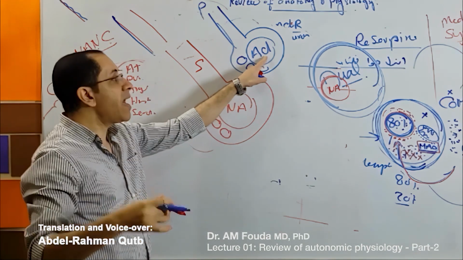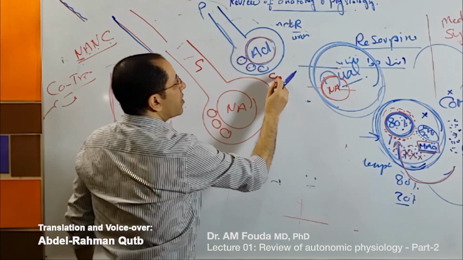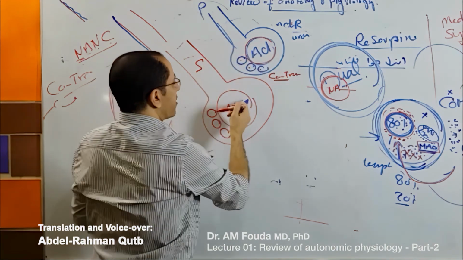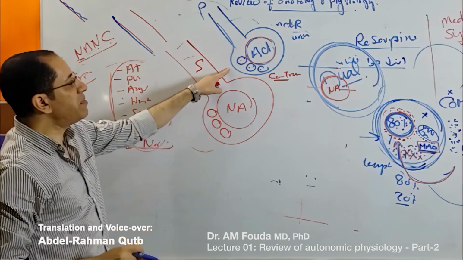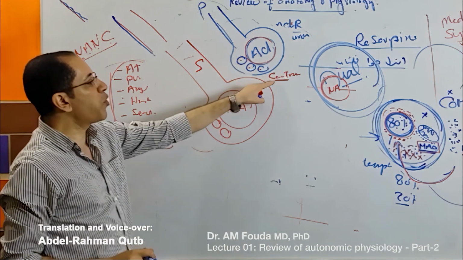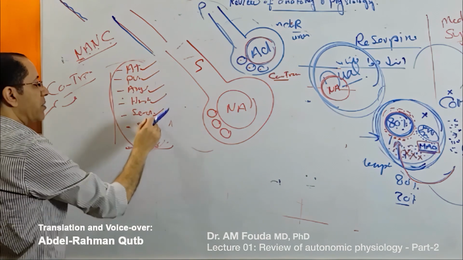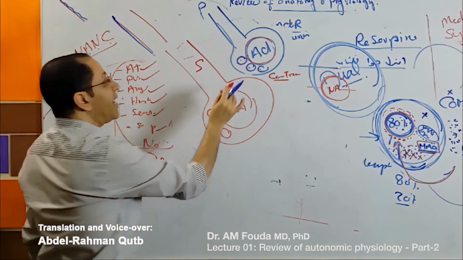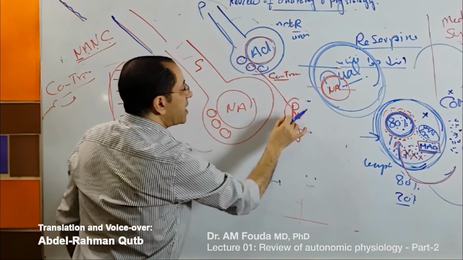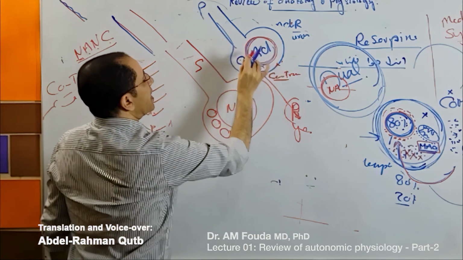Surprisingly, any nerve ending has one primary transmitter and others that are co-transmitters, helping the primary transmitter. So, in the parasympathetic system, the primary transmitter is acetylcholine, and others helping it are co-transmitters. What are these co-transmitters? Here they are: ATP, purines, angiotensins, histamine, serotonin, substance P, nitric oxide, dopamine, and many others. But do these co-transmitters have their own receptors? Yes, they do. However, their function is to regulate the action of primary transmitters.